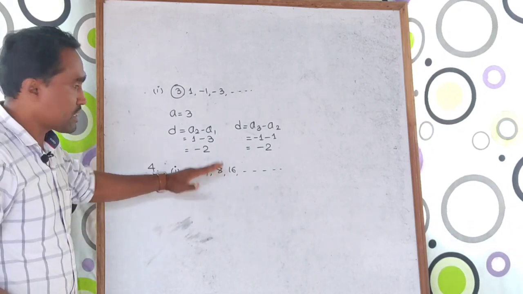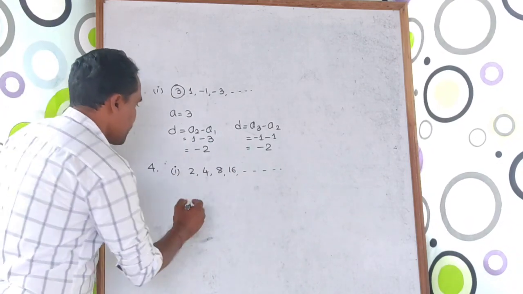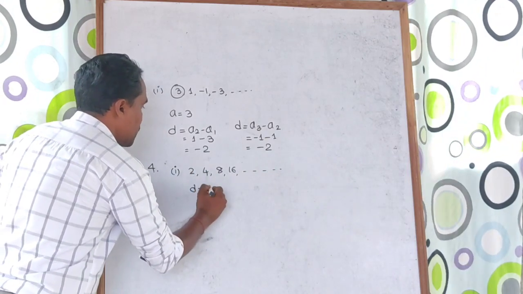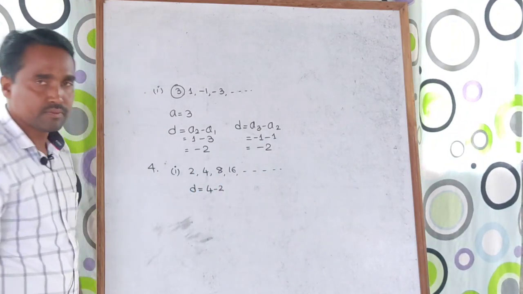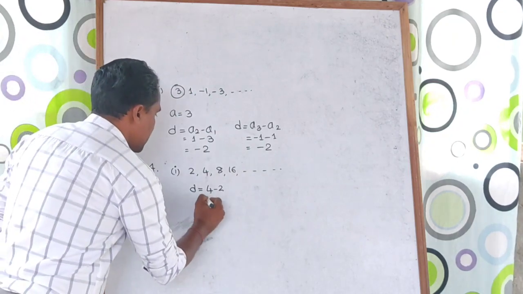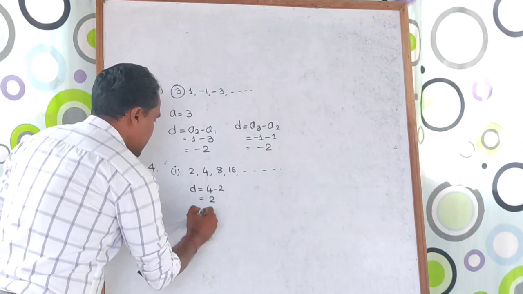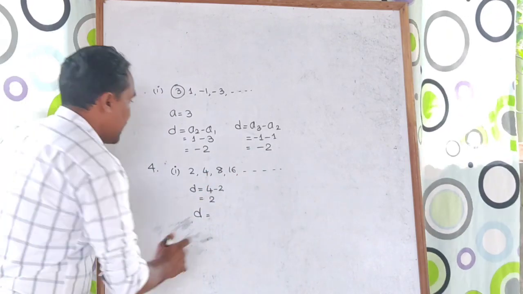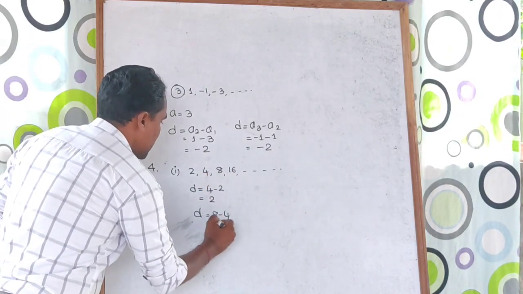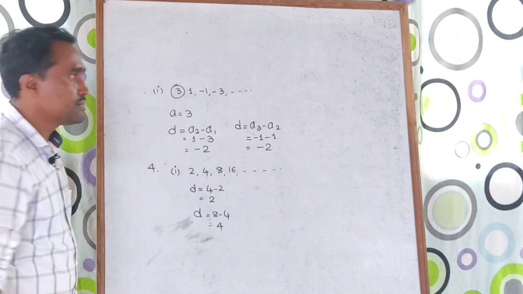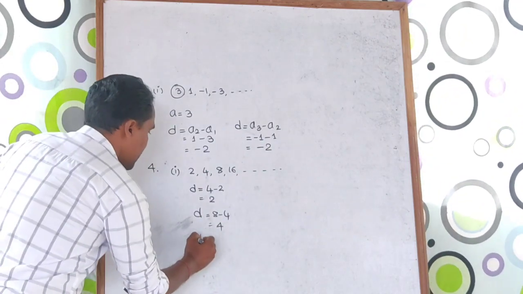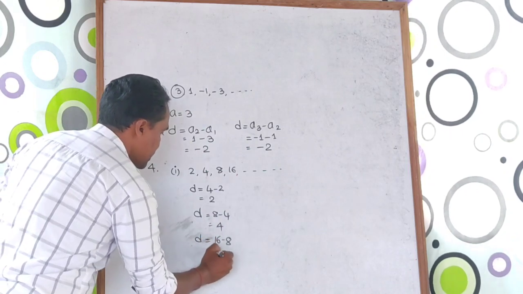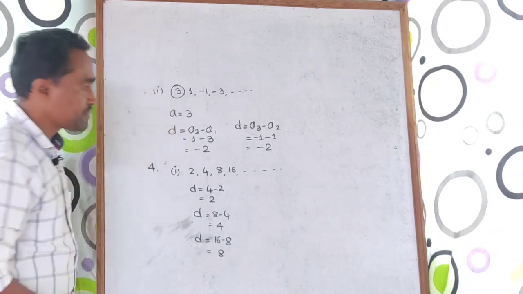Let's see what the common differences are here. D equals A2 minus A1, which means 4 minus 2. That means we will get the answer 2. Take another D. The common difference of these two terms, 8 minus 4, we will get 4. If you take another D, 16 minus 8, we will get 8.